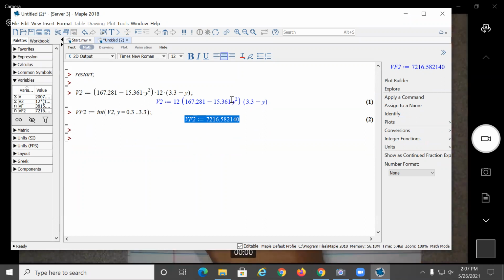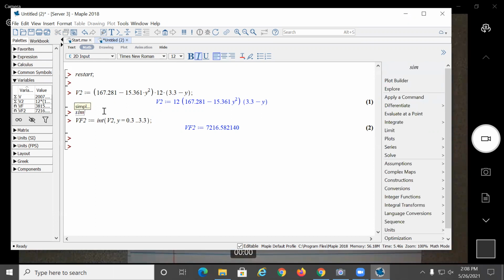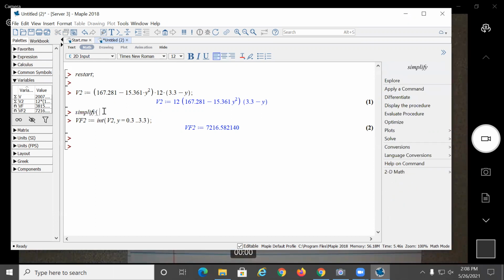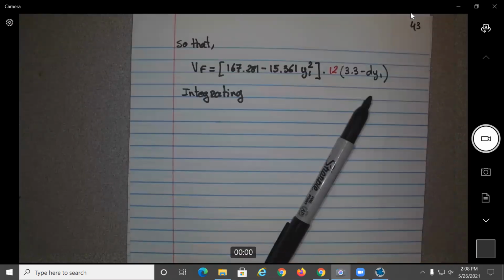So I'm gonna write here integrating. I didn't simplify anything, so just write it as it is, integrating.